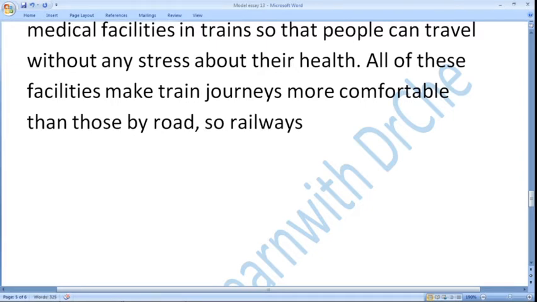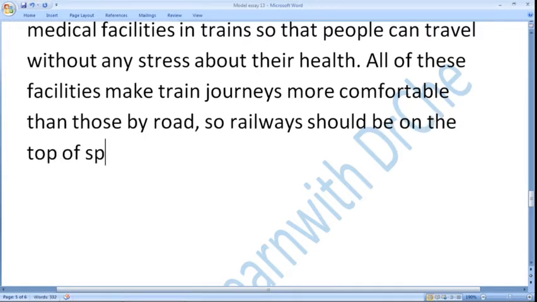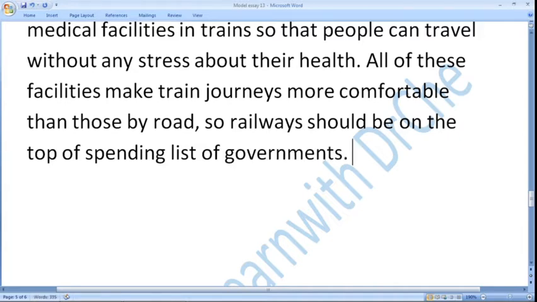So railways should be on the top of the spending list of governments. So this was my second body paragraph.